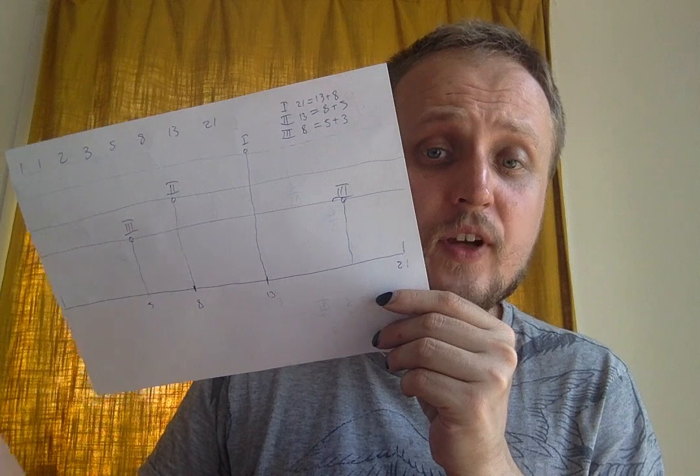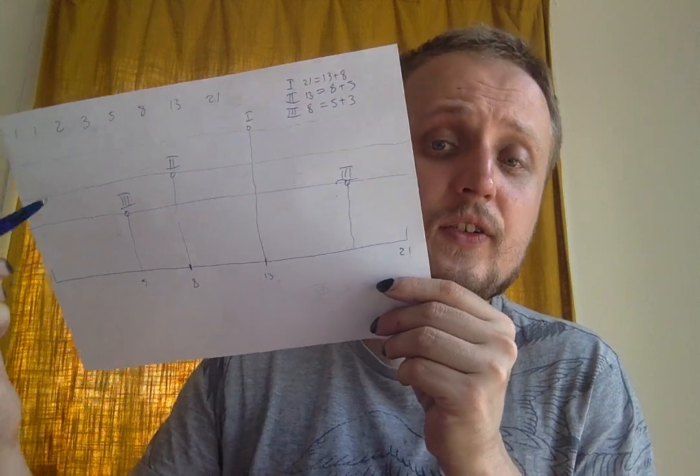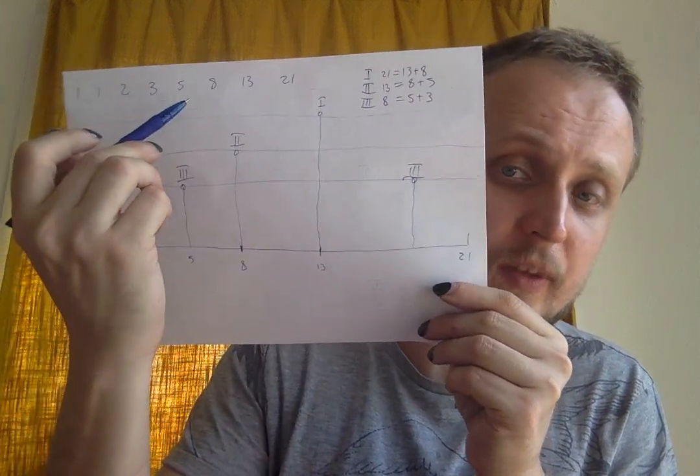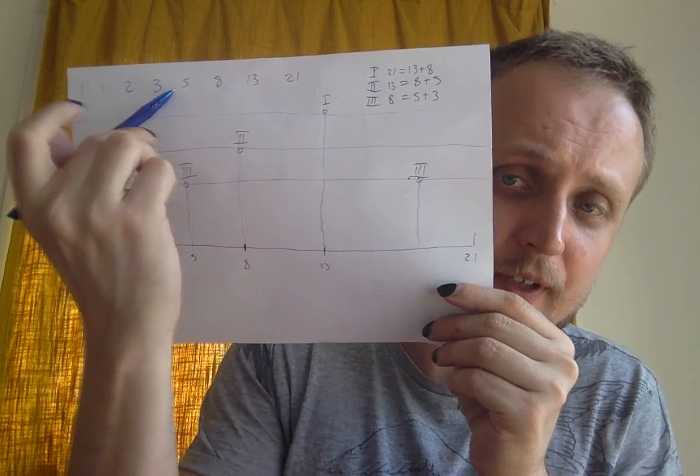Level 4 is 5, and 5 is 3 plus 2. That happens 3 times.